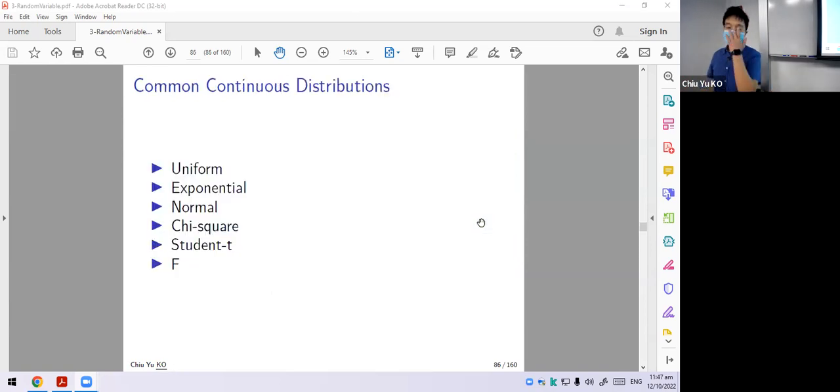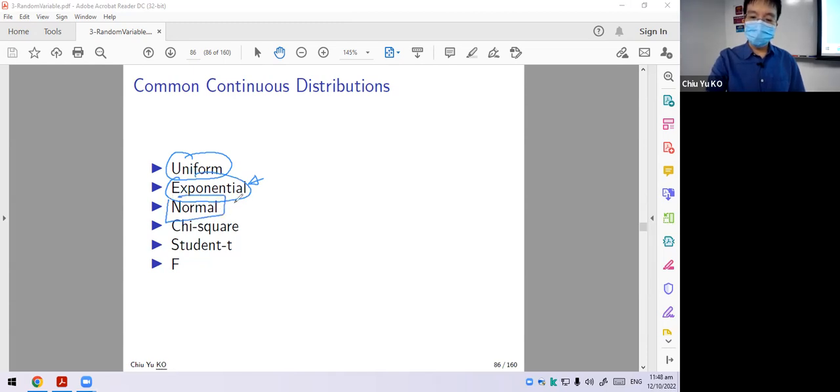Now, the goal of today is to try to finish all, if not most, of them. We have covered uniform already last class, and we covered exponential also. We will review it, and then the goal today is to cover the normal, the famous bell curve.